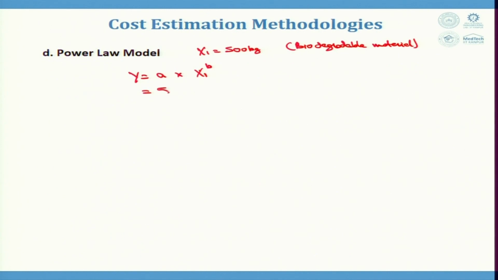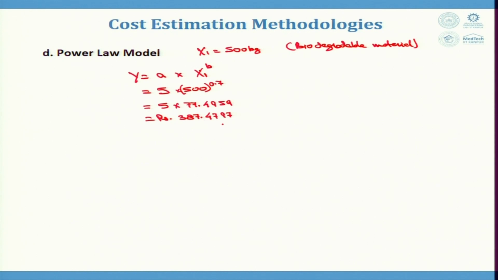So, the value is 5 into 500 power 0.7. This is equal to 5 into 77.4959, which is equal to rupees 387.4797. Why have I taken 4 places of decimal?